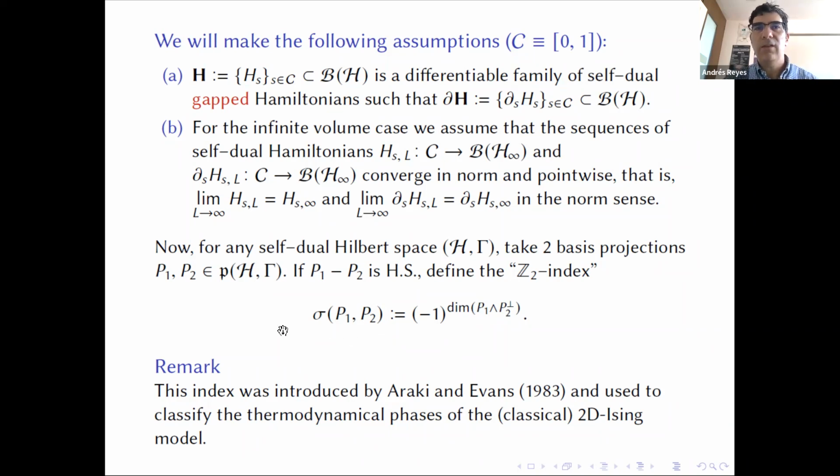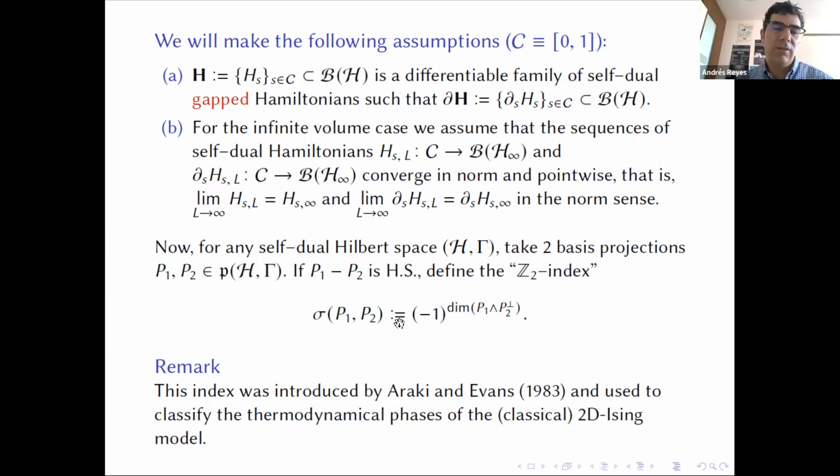So this is the index I was telling about at the beginning of the talk, which, as far as I know, was first introduced by Araki and Evans in the year 83. And they used that index in order to characterize the phase transition of the classical 2D Ising model.